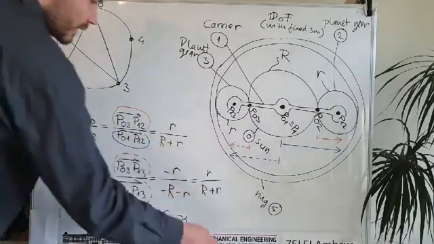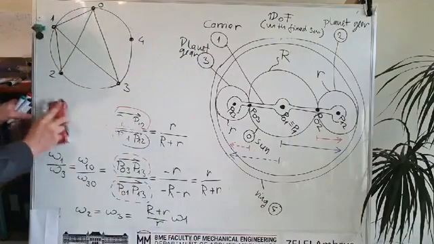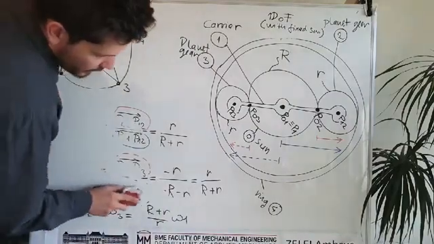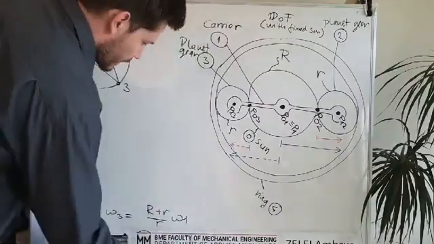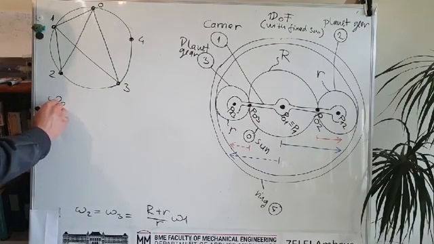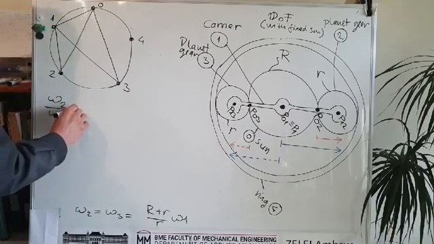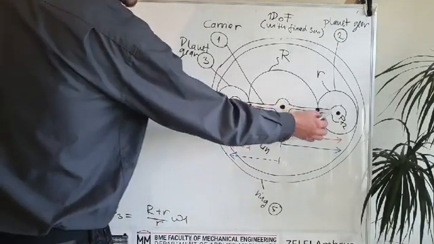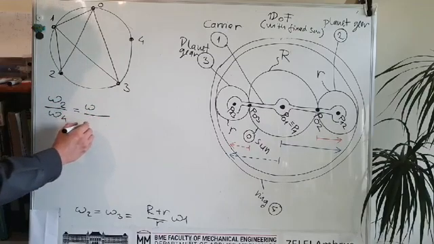And now I can get rid of this drawing, I think, for these calculations. So now we move on with the application of our formula. We can try, for example, to calculate this ratio. We directly want to calculate the ratio of the planet gear speed and the ring speed.